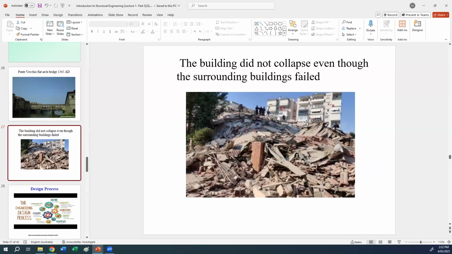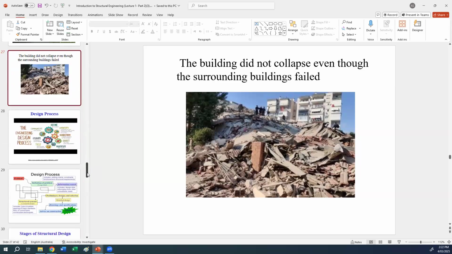This means that the designer of this building was a good designer and considered all the expected loads in the design, so that a good design will pay off in events like earthquakes, bushfires, and so on. So you need to consider everything in your design, because if you neglect any load or any small detail, it can cost you.